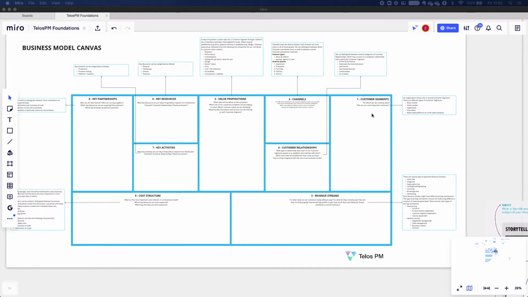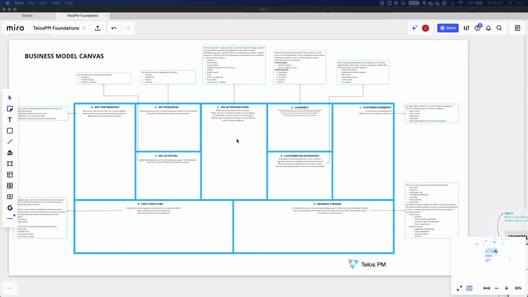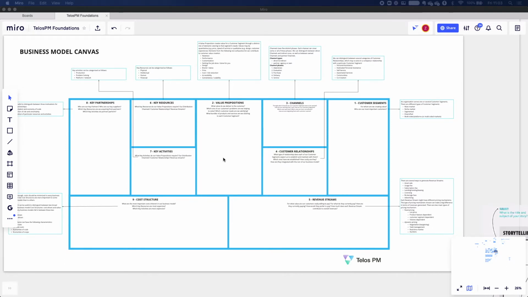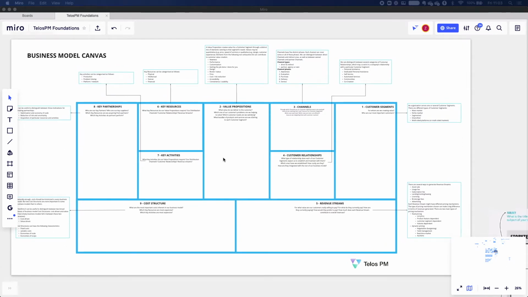Now, the first two steps within a business model canvas are the customer segments, so understanding who you're creating your value for, and then your value proposition, so how you plan on providing the value to your customers, how you are going to overcome their pains and gains. To get right down into the detail of these, the recommended course of action is to look at doing a value proposition first.